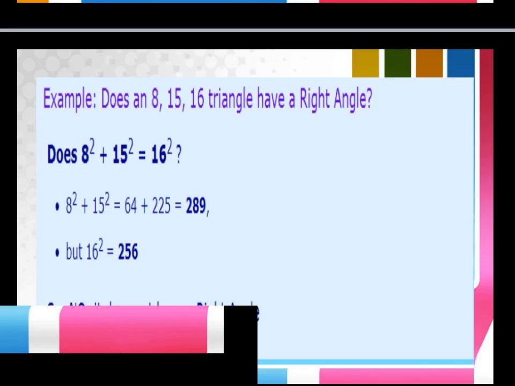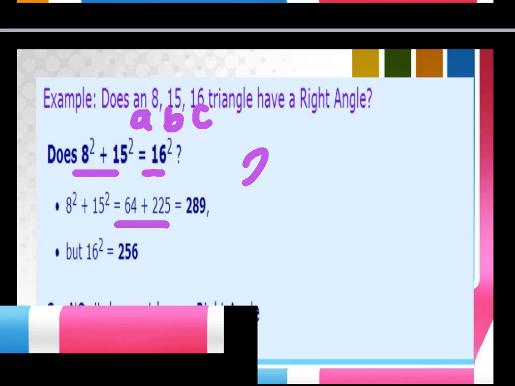Alright, example number 2. Does an 8, 15, 16 triangle have a right angle? So 8 is going to be A, 15 is going to be B, and 16 is going to be C. So we just plug this into the formula and then work out both sides. 8 squared plus 15 squared is 64 plus 225.